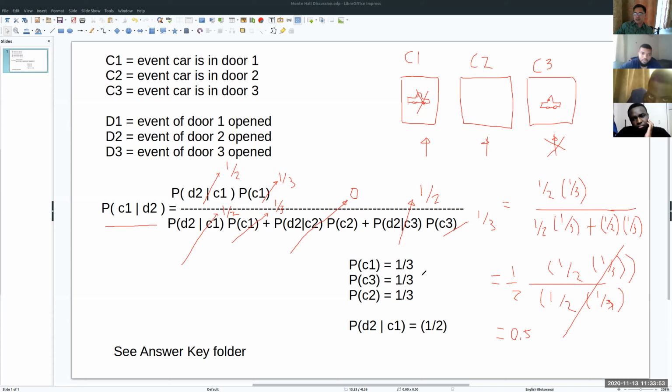Here we say let's check the numbers. Is this correct? The probability of the car being placed in C1, C2, or C3 being 1/3? What do you think?